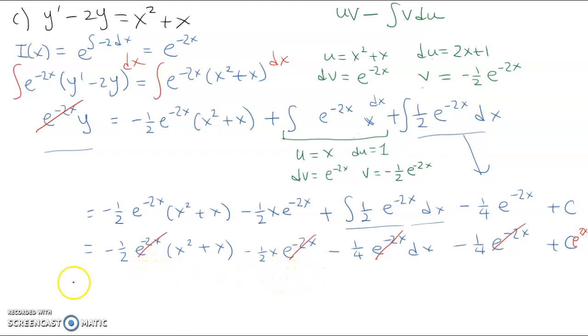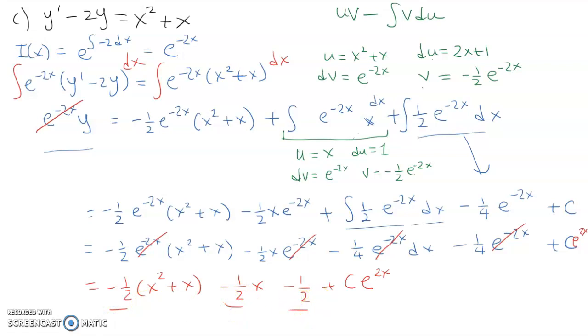So, just to clean it up a little bit, minus half of x, and negative 1/4 minus negative 1/4, that's negative 1/2. So I guess we can bring this all in together. Oh, and c e to the power of 2x.